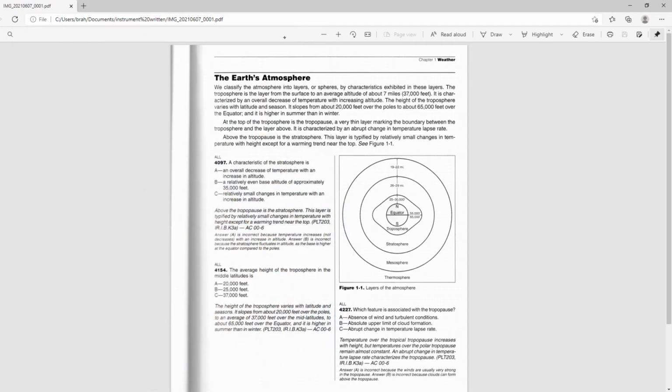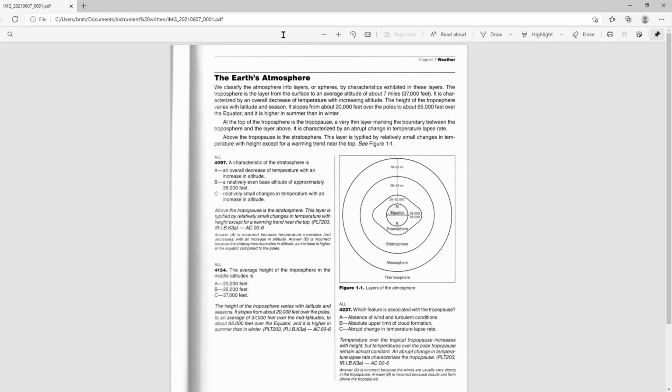We know that it's going to be more expanded, greater elevation at the equator for the troposphere. And we're going to go over how to think about what height, but we know that it's not an even base, so we don't even have to think about 35,000 feet here, which we'll get back to on the second question.